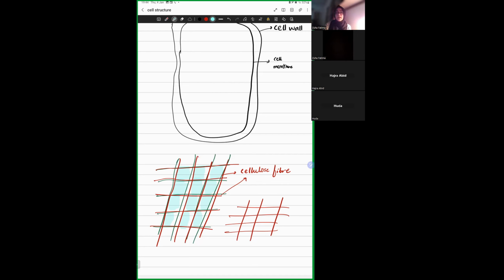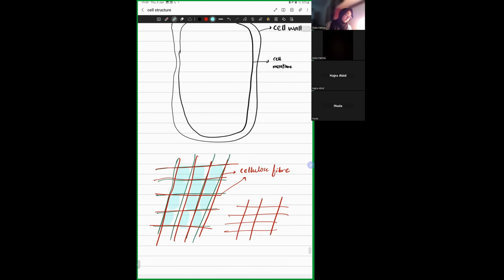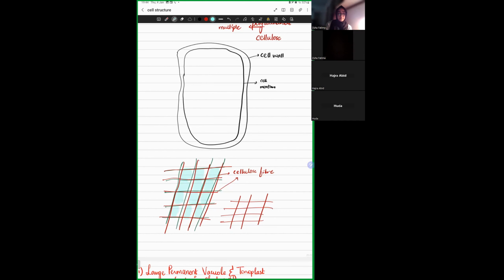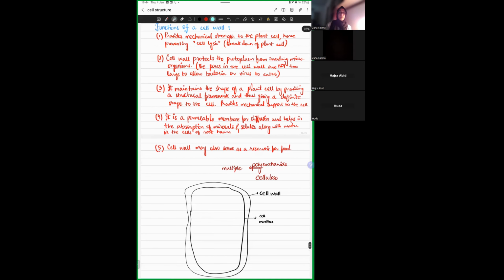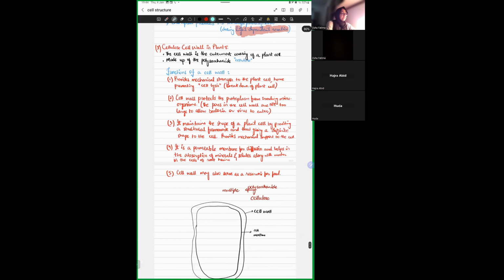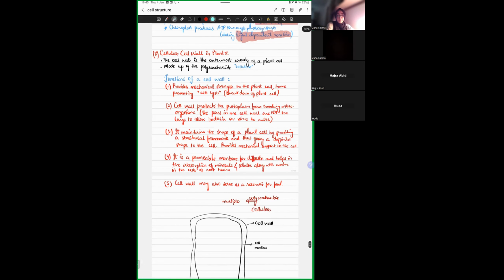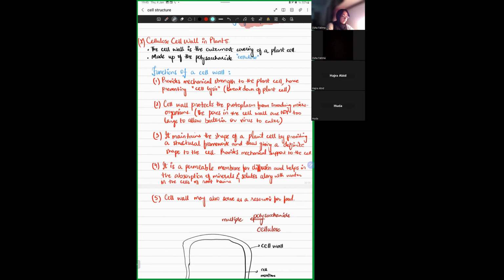Okay? So now do you guys understand and appreciate the reason why a cell wall is completely permeable, unlike a cell membrane? Okay. Moving forward, now let's read through this. Cell wall is the outermost covering of a plant cell. We have discussed that quite a few times. And it is made up of a polysaccharide, cellulose.